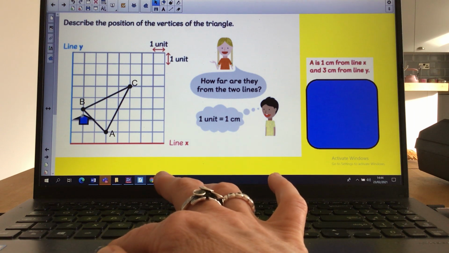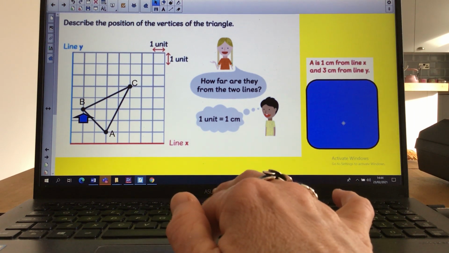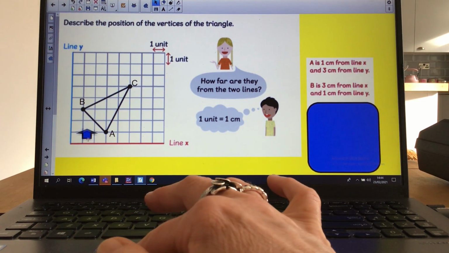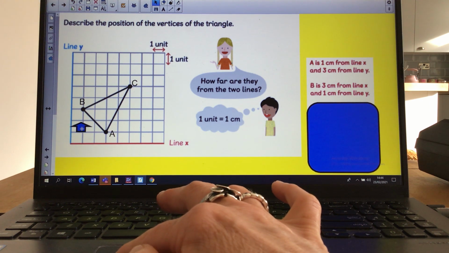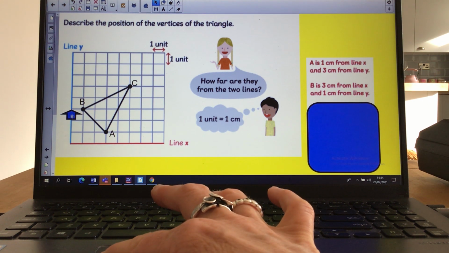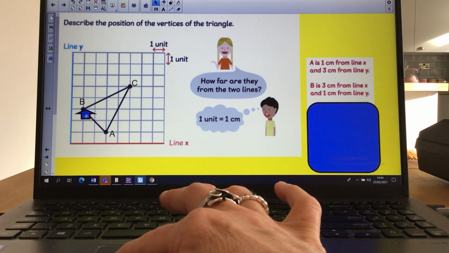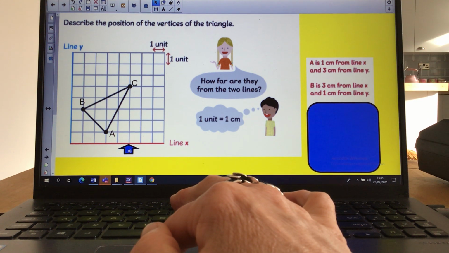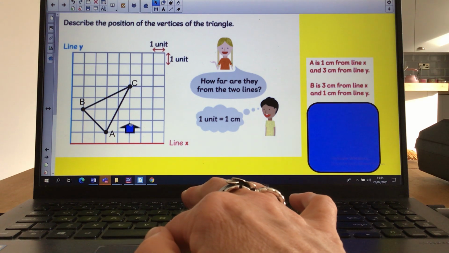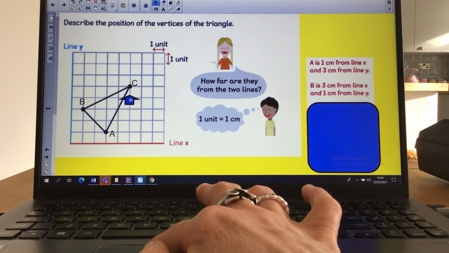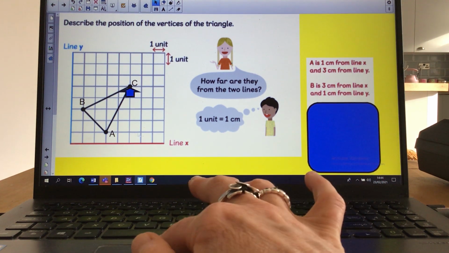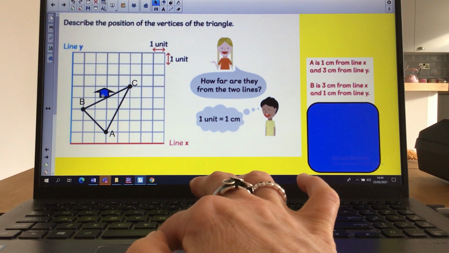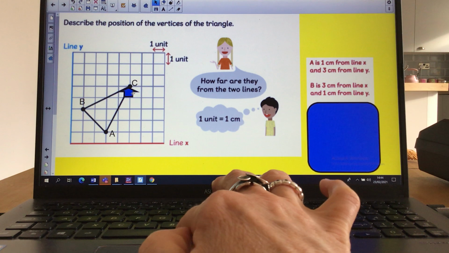There's B. How many centimetres from line X? Well, B is 3 centimetres from X. There's X. 1, 2, 3 centimetres from X and just 1 centimetre from Y. Have a think about C. How many centimetres from X is C going to be? 5 centimetres from X. And how many from Y? 1, 2, 3, 4, 5.